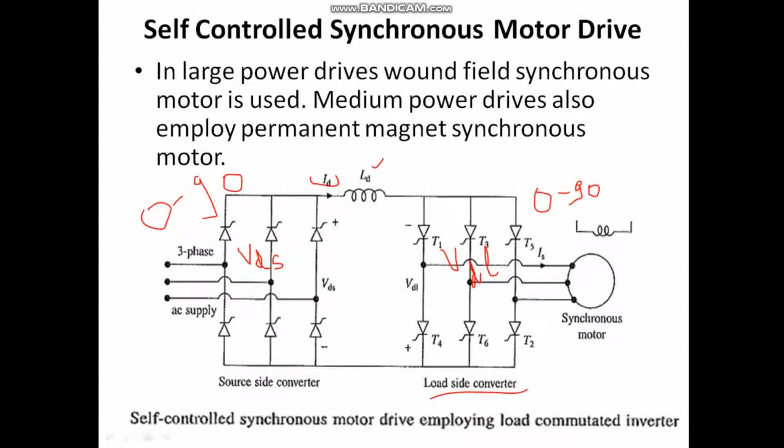So when my firing angles are in this range 0 to 90, the source side converter acts as a rectifier and the load side converter acts as an inverter.